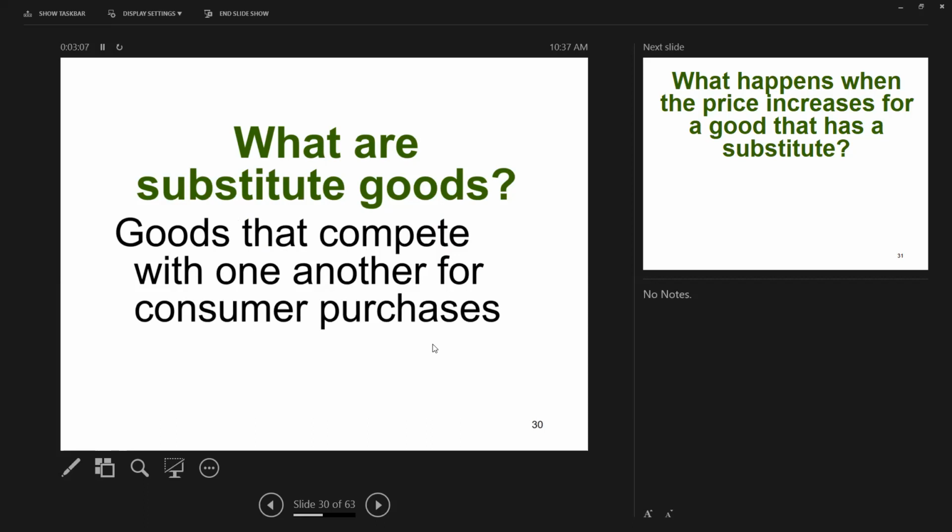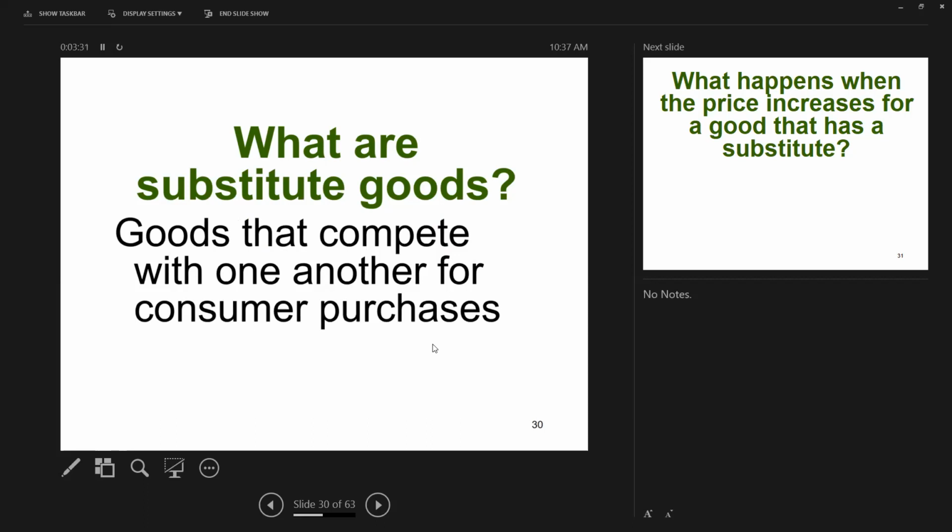You could think of this as like Fords and Chevys, okay, or Pepsi and Coke. Those are considered by economists to be substitute goods. And like when we talked about normal goods and inferior goods, these things are subjective. So economists sort of look at what they are to people in general. And for most people, Coke and Pepsi are substitute goods.